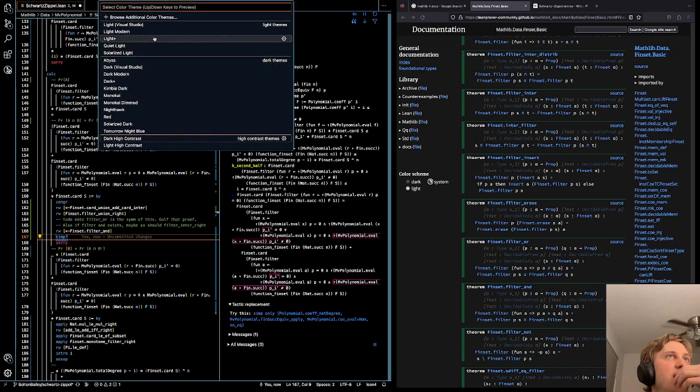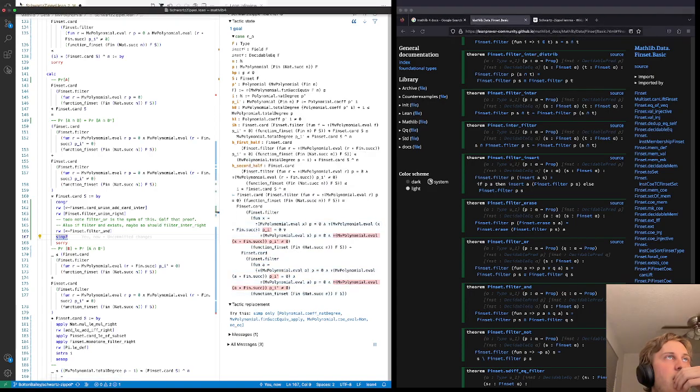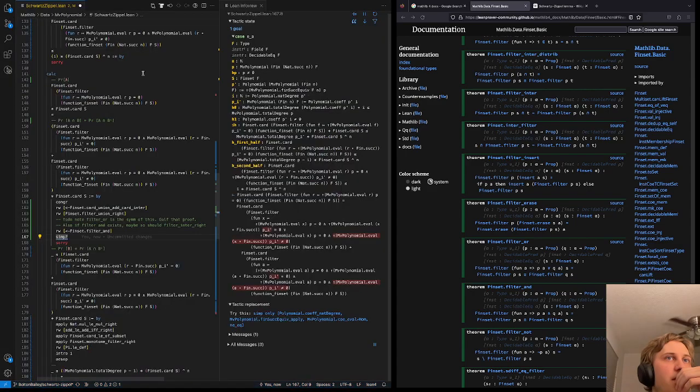Let's do a light theme, light plus. Yeah, it's totally fine with a light theme. Let's select a nice dark modern. Maybe this would be good. Okay, yeah, this is a nice theme. We can move forward with this theme.